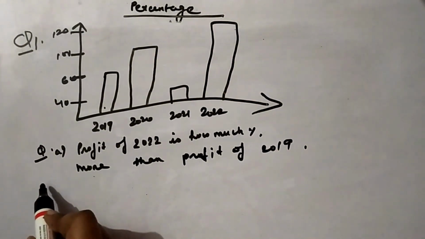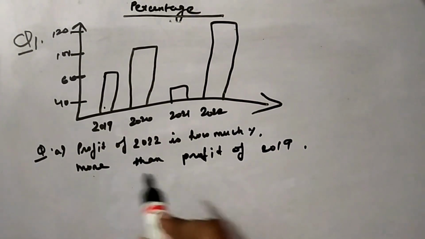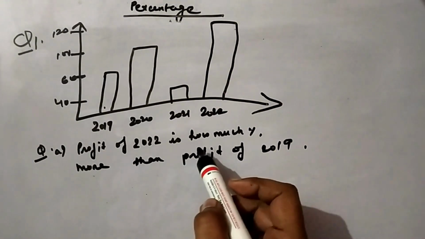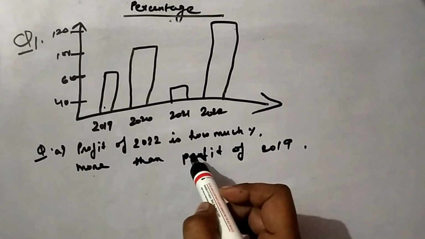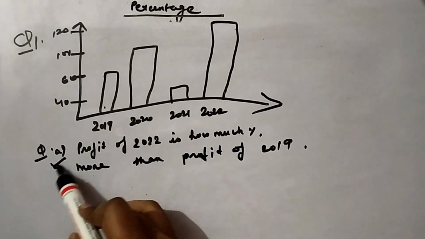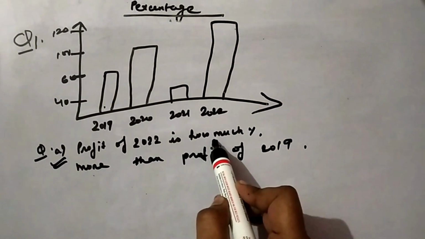So we will apply the concept of change, because how do we know we will apply the concept of change? Because see the question, profit of 22 is how much percent more.